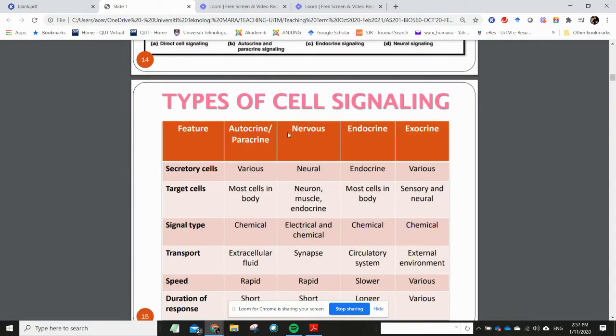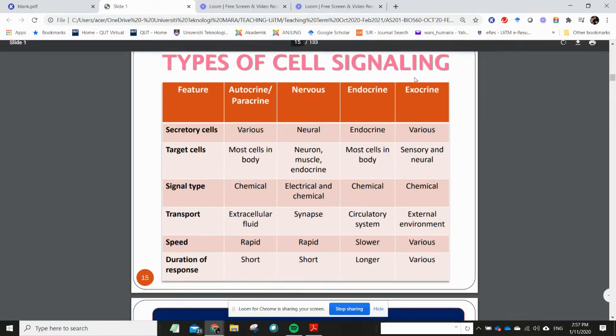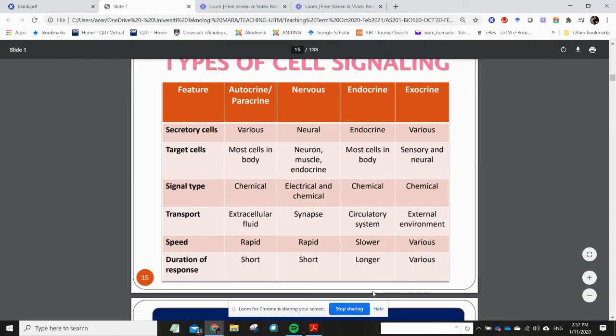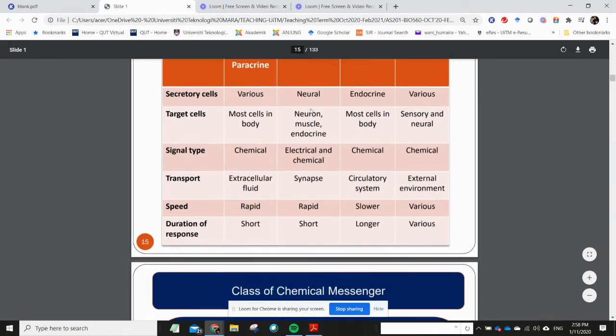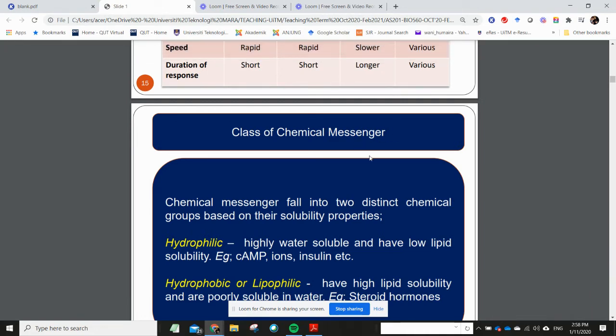So now we understand this autocrine, nervous, and endocrine. Indirect short distance, indirect long distance. We know that this indirect cell signaling will involve chemical messenger or signaling factors or signaling molecules. So now we learn about the class or the properties of the chemical messenger, the properties of the signaling molecules.